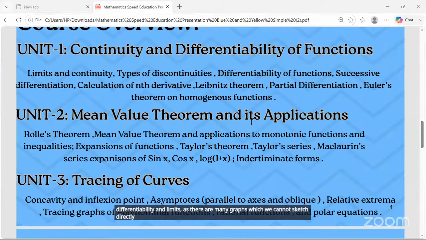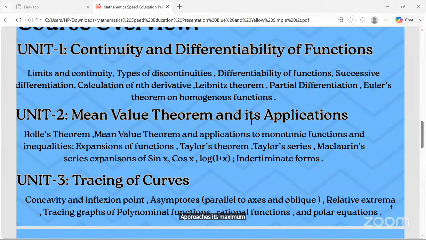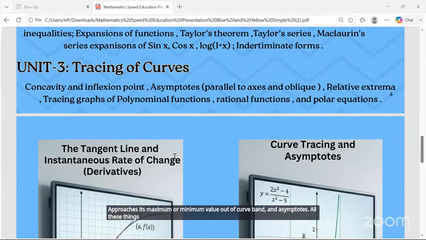We will also see how a function approaches its maximum or minimum value, how a curve bends, and asymptotes.